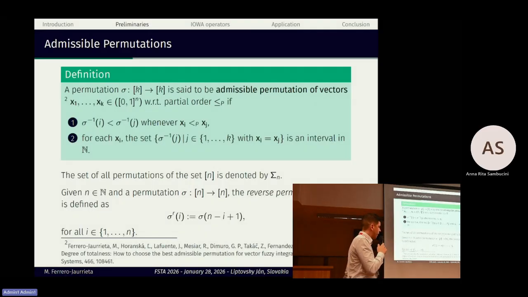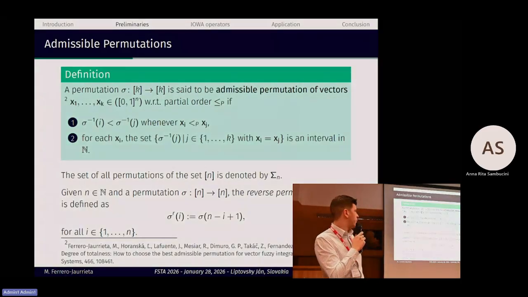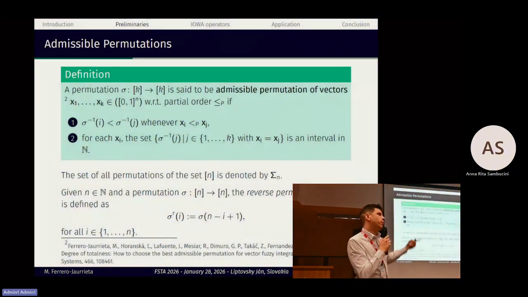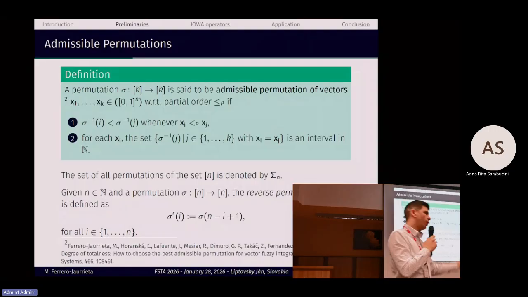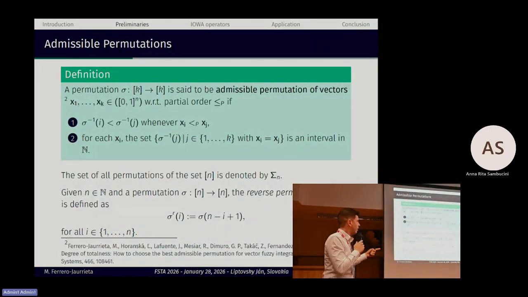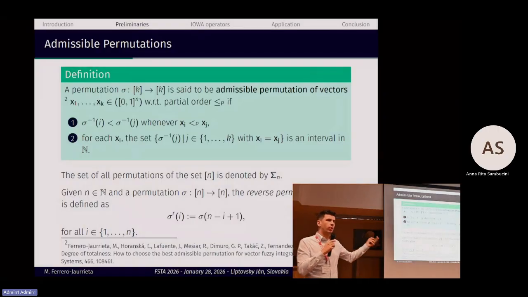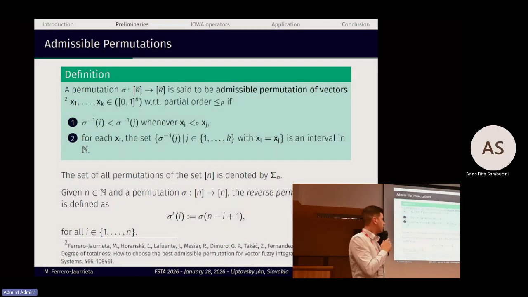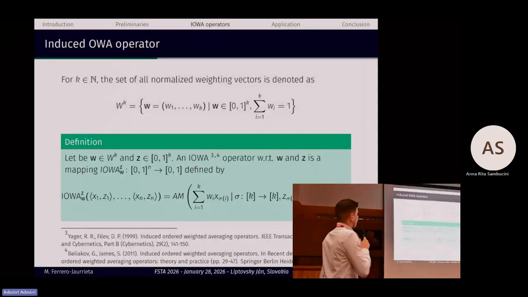Also a notation for the set of all admissible permutations, and also we have to take into account that the concept of admissible permutation was given in the context of the Choquet integral, where we are interested in decreasing permutations or increasing permutations. And as we are going to talk about our operators in this context, we are going to use the concept of reverse permutation, which is only to swap the values of the permutation. Okay.